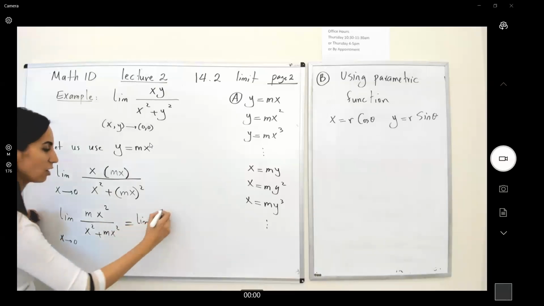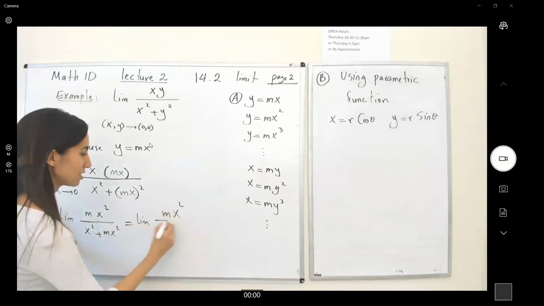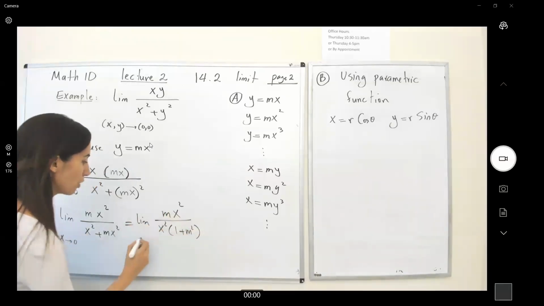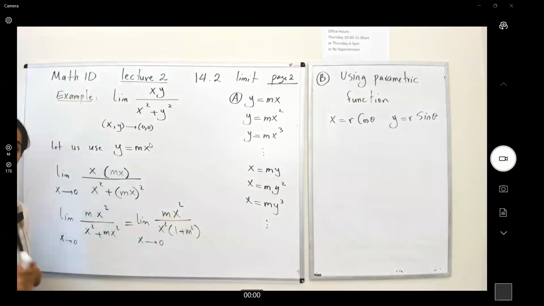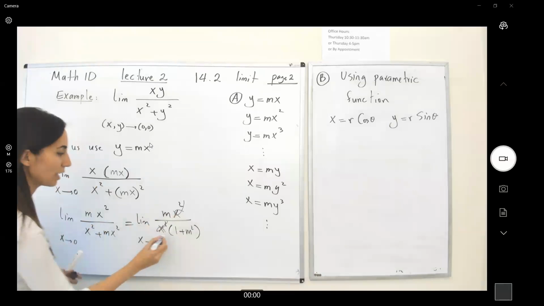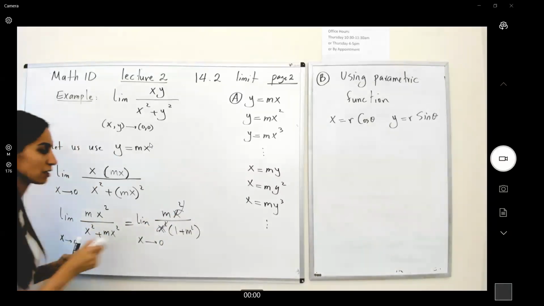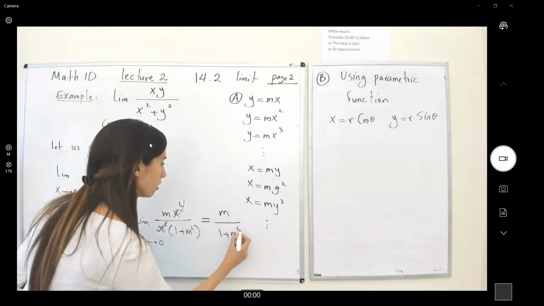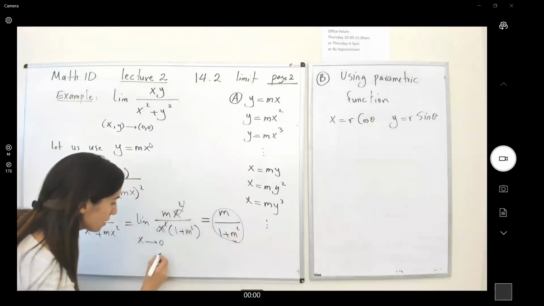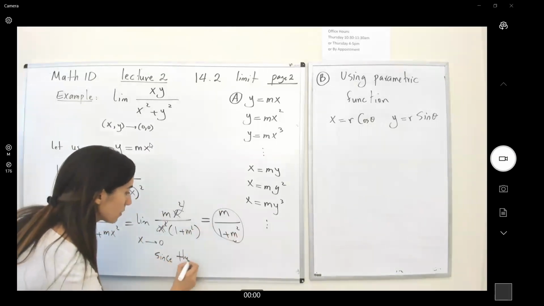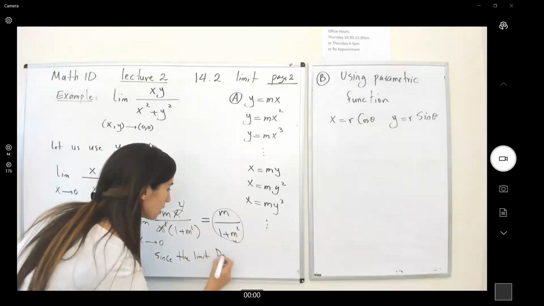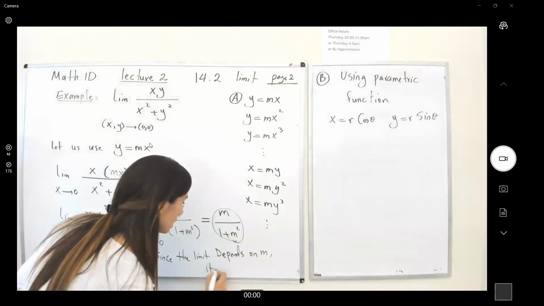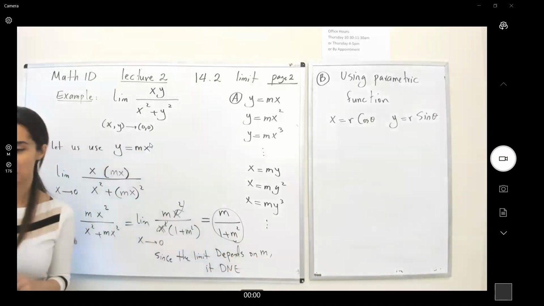So we have the limit of mx squared divided by x squared times 1 plus m squared, and x goes to 0. So let us cancel out x squared and x squared. As you can see, unfortunately, this limit simplified into m over 1 plus m squared. So since the limit depends on m, it does not exist.